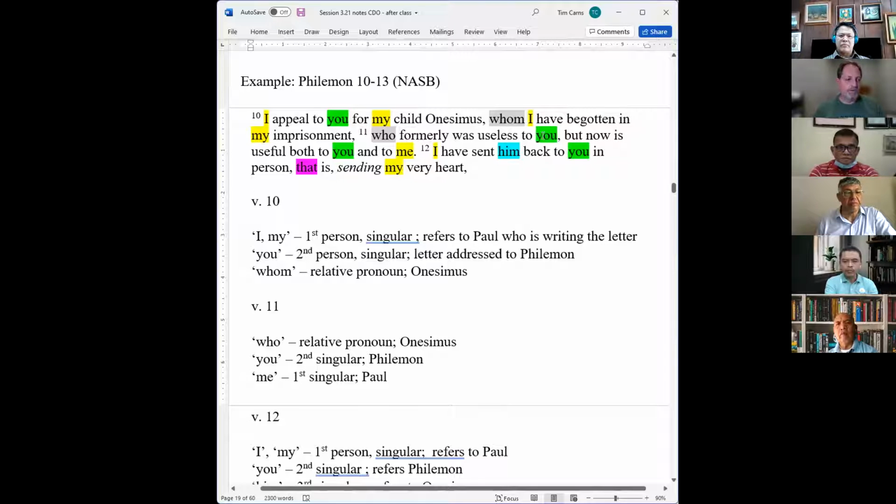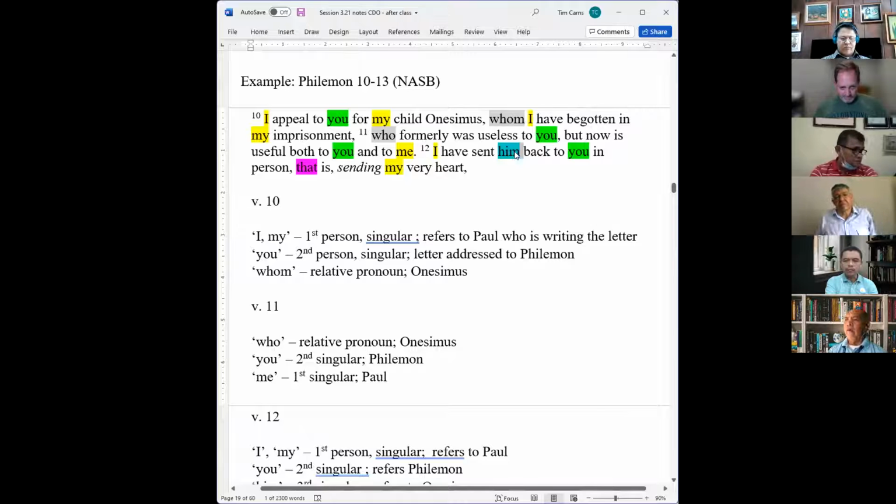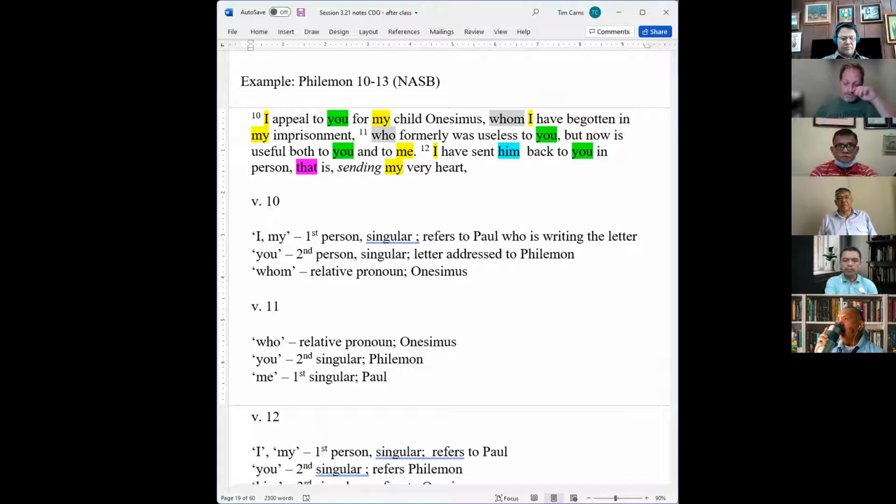But now he's useful both to you and to me. And then sending him, well, we know "him" is singular, because he didn't say "them" here. I've sent him back to you. So we know it's in reference to Onesimus, which again means it's singular here.